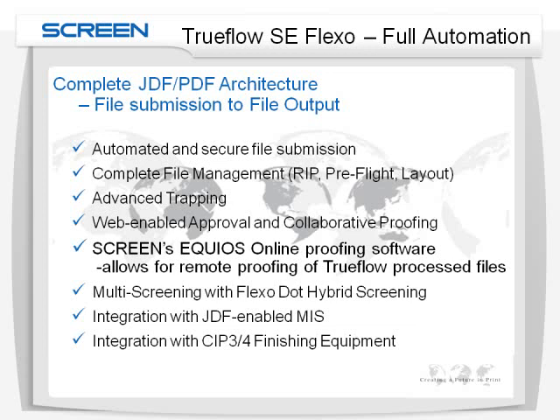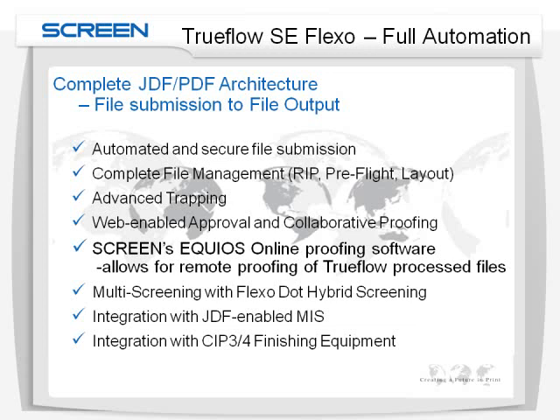We have two ways of doing that, directly into the hot folder, which goes into our complete file management repertoire of functionality that has ripping, advanced pre-flighting, two versions of layout, advanced trapping, and then out to a workflow-generated, web-enabled approval, collaboration, proofing module, our Equios Online proofing software, which allows for remote proofing of workflow-generated files.